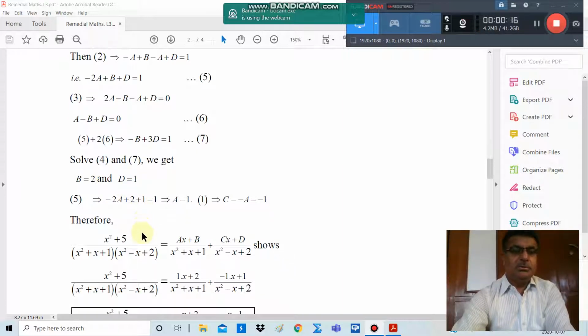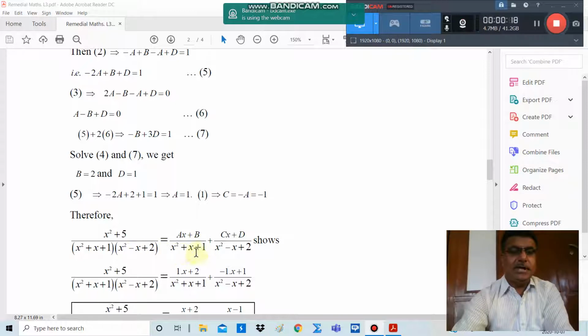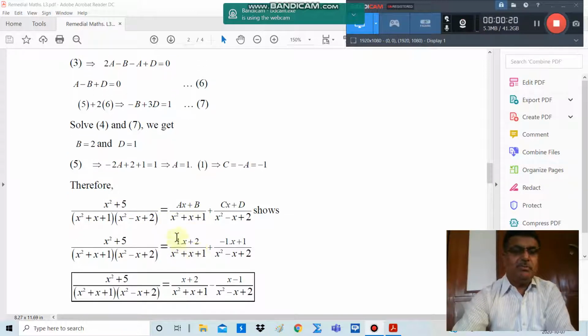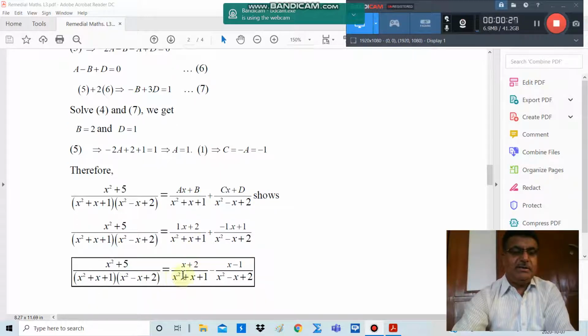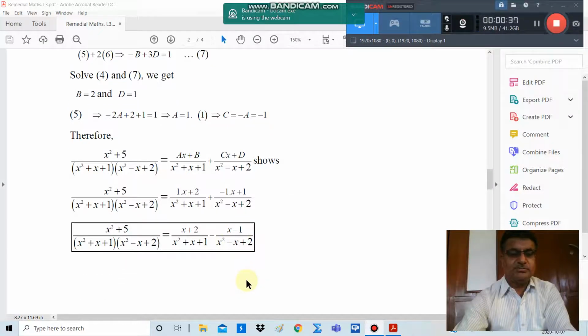Therefore, the given expression can be put as, now put the values of a, b, c and d. We get the right hand side (x plus 2) upon (x square plus x plus 1) and minus (x minus 1) upon (x square minus x plus 2).